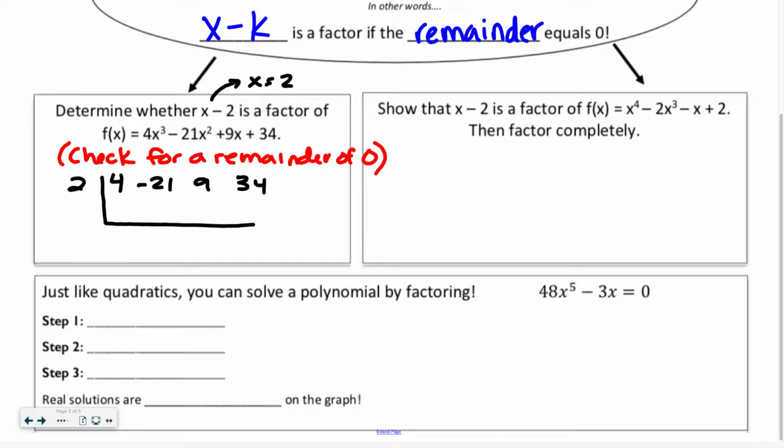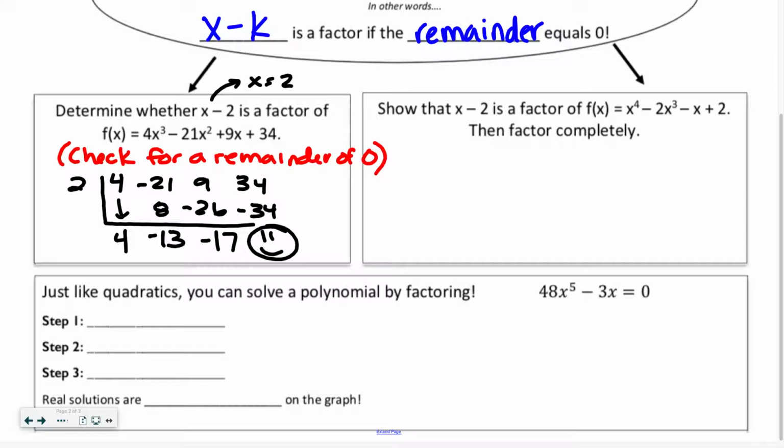Okay. So remember, drop the first term to get 4. 4 times 2 is 8. Negative 21 plus 8, what is that? Negative 13. Times 2 is negative 26. Plus 9 is negative 17. And negative 17 times 2 is negative 34.